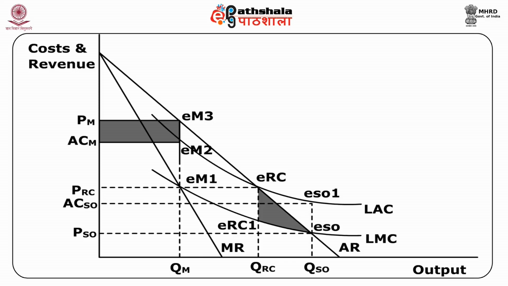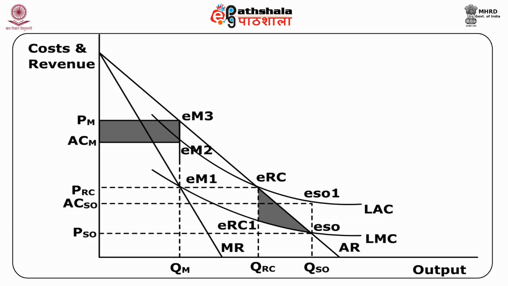This level of output is not the most efficient since average costs are declining. Further, since the price charged is greater than the marginal cost incurred, more of the public utility service is desirable from the society's perspective.